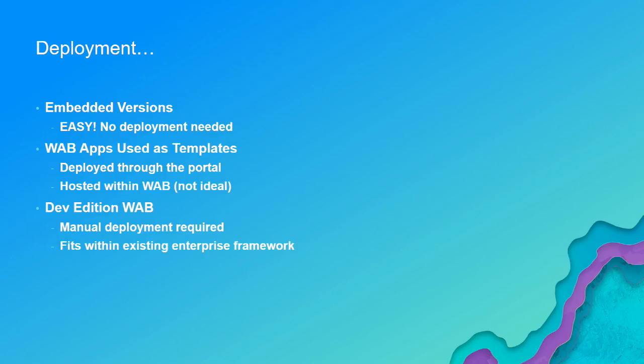Web apps used as templates, right? If you save your Web AppBuilder app as a template, it's hosted from Web AppBuilder. That's probably not the best place for it to live. We really want to have that in its own home, per se. And then the developer edition applications, right?